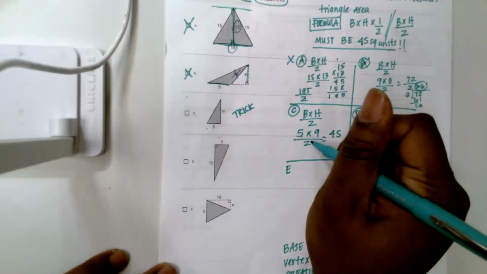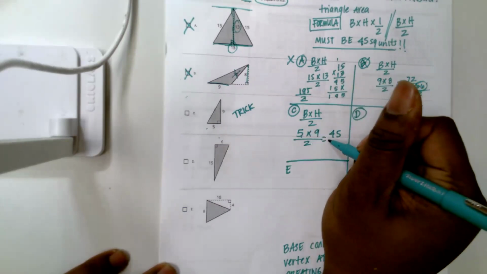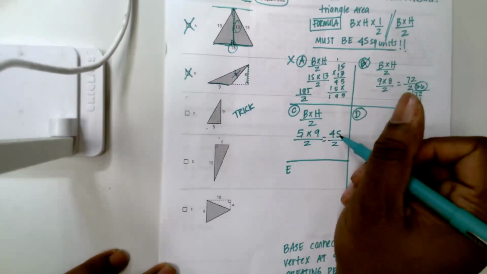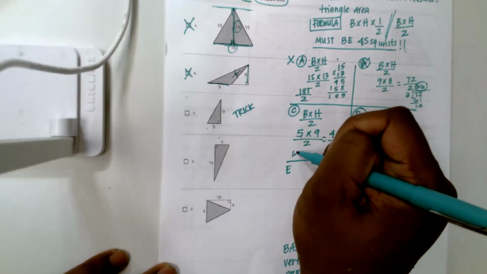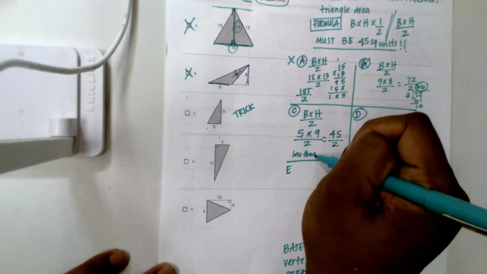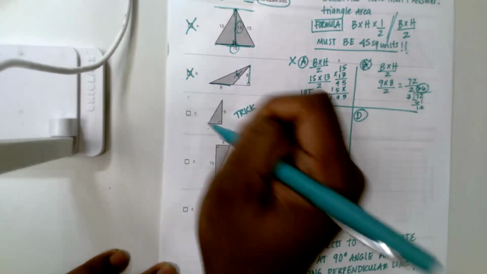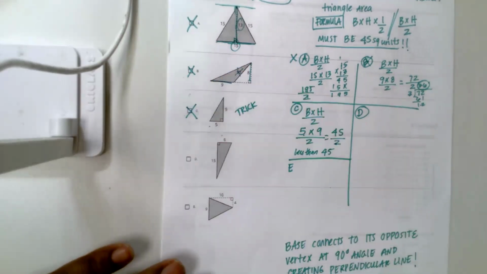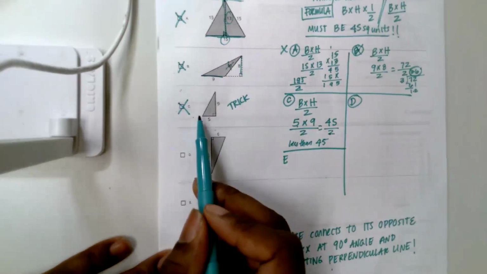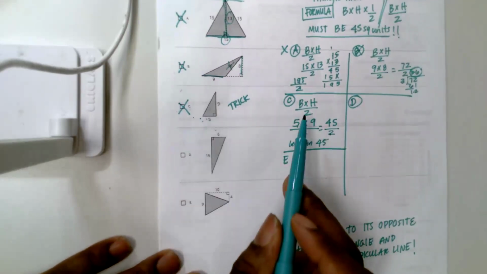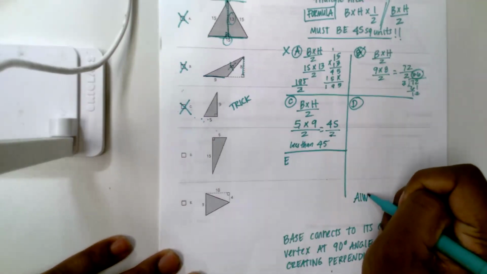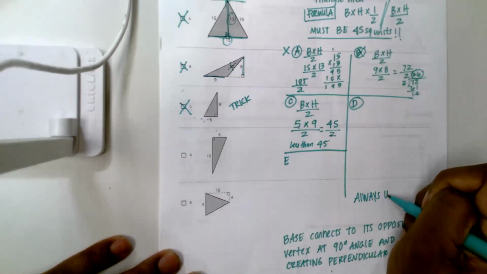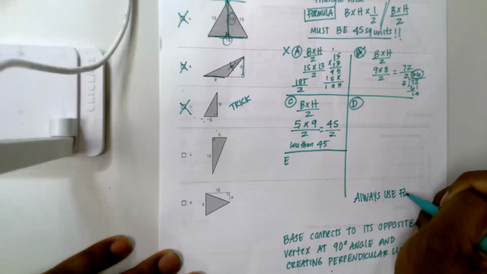However, if I did not use my formula, I would have forgot that I need to divide by 2. And 45 divided by 2 creates a number less than 45. So C is incorrect. A lot of people put C, but they didn't think about the formula. Always use formula. Always use formula.